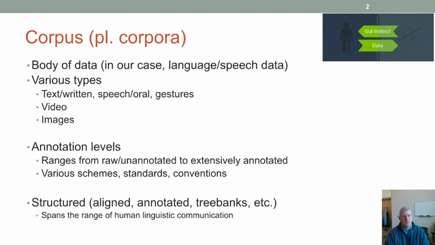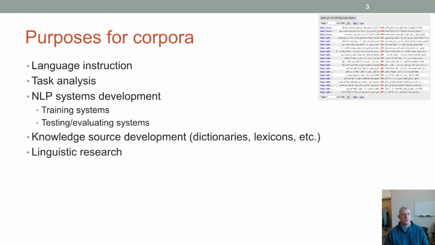There are different schemes as well as standards and conventions that have been proposed to conventionalize or standardize corpora. You can have structured or aligned or annotated corpora or treebanks with a hierarchy. And there's a whole range of different corpora for different human languages, as well as, like I said, even animal communication sounds.